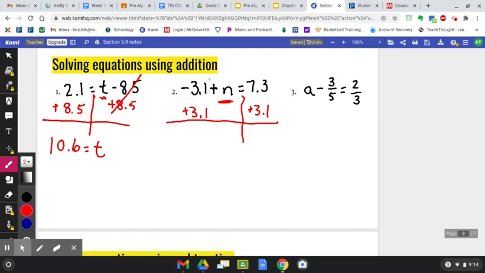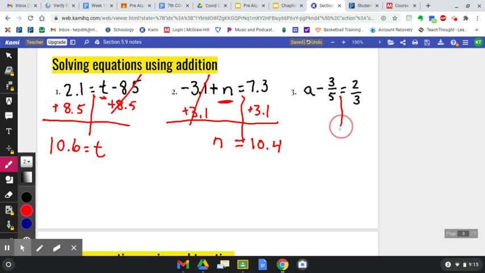A negative 3.1 and a positive 3.1 cancel out. That isolates the variable to give me n. And here we would have 10.4 as my value. So n equals 10.4. And remember, you can always take the answer that you get and plug it back in and make sure that it checks out.